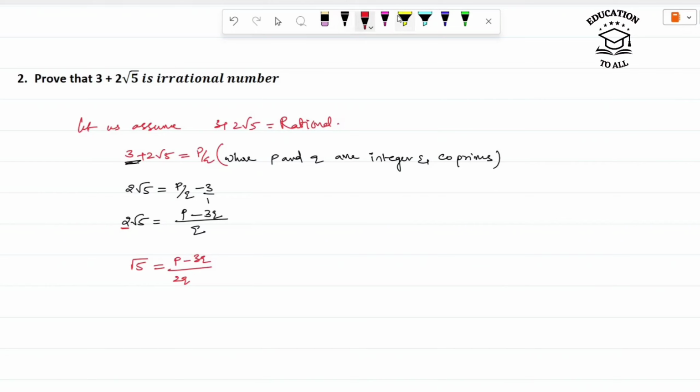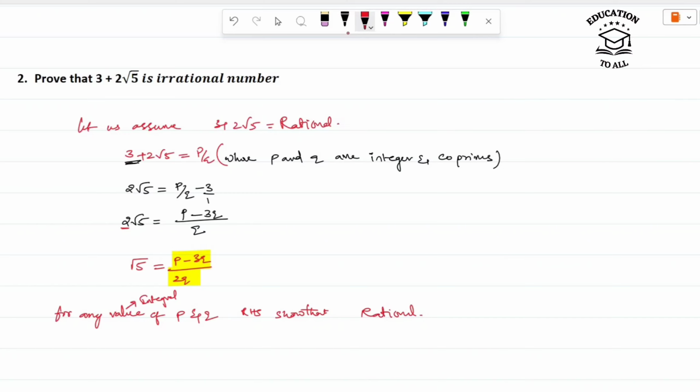Now observe the RHS. p minus 3q by 2q is the RHS. For any integral values of p and q, RHS shows what type of number? Rational number.